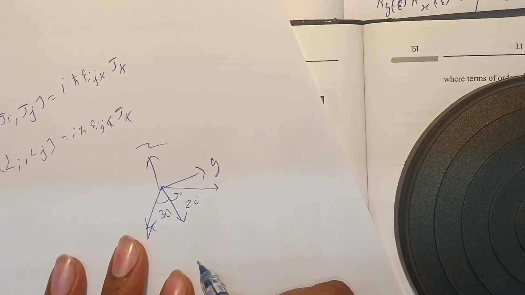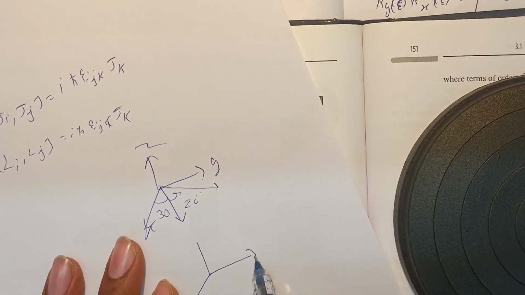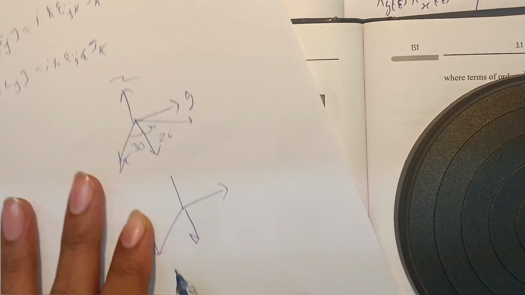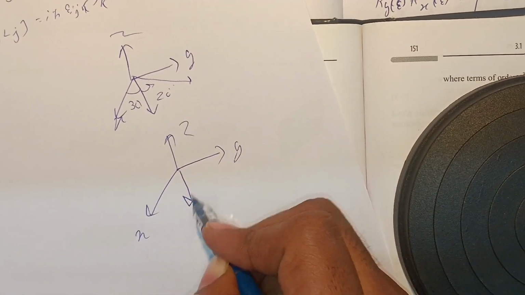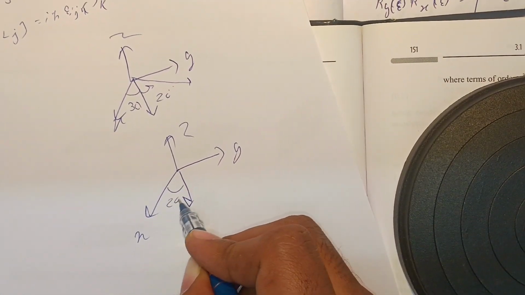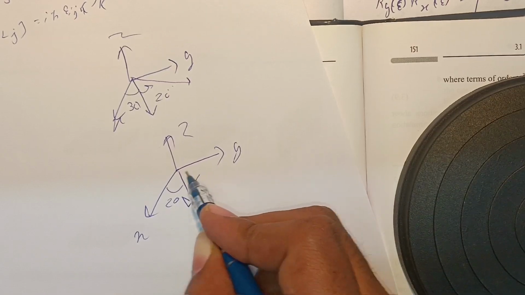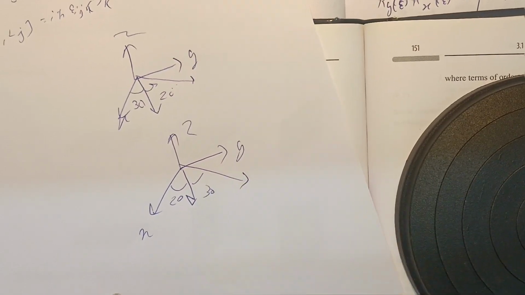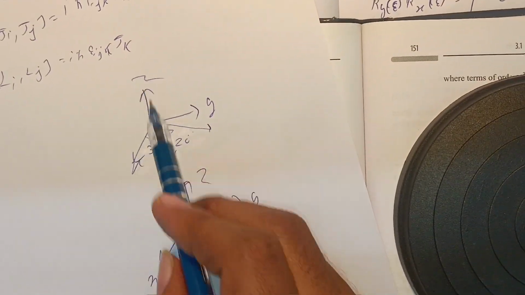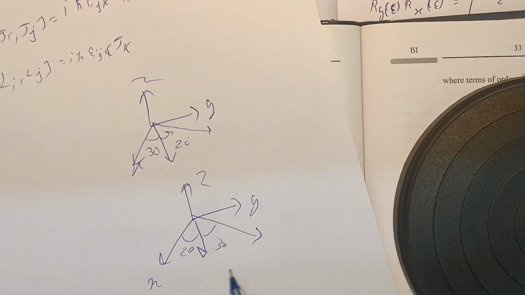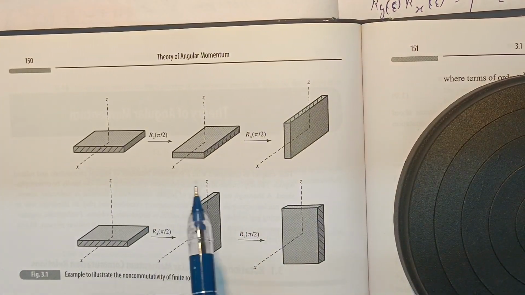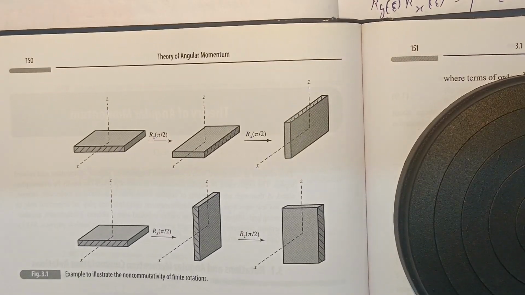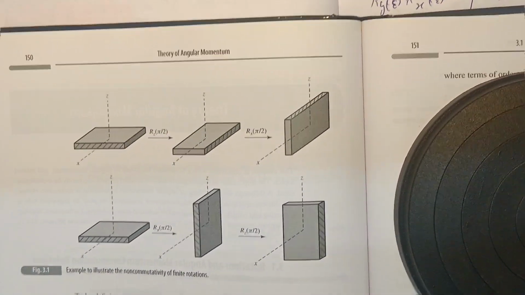Now reverse the action: firstly go to 20 degrees, then go to 30 degrees. So rotation about the same axis commutes, but about different axes doesn't commute. This is what this diagram is showing. It's okay, nothing very hard.